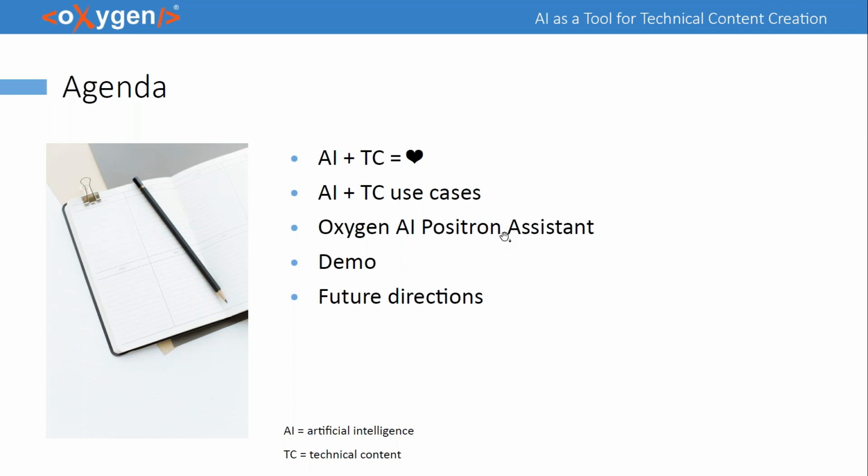I'm going to mention a few important pieces of information about the Positron Assistant before showing you the demo of this add-on, which will take us quite some time, and it will be very interesting, I promise you. And then towards the end of the presentation, we'll come back to the slides because I want to mention a few future directions.